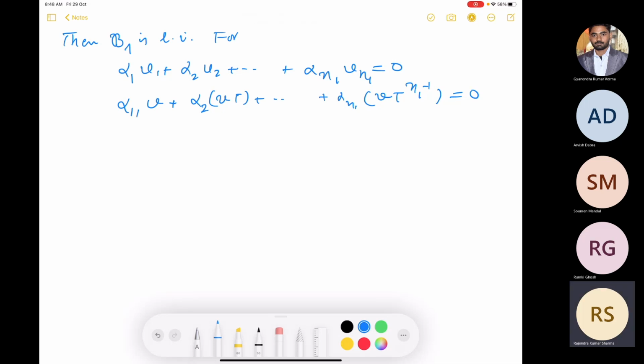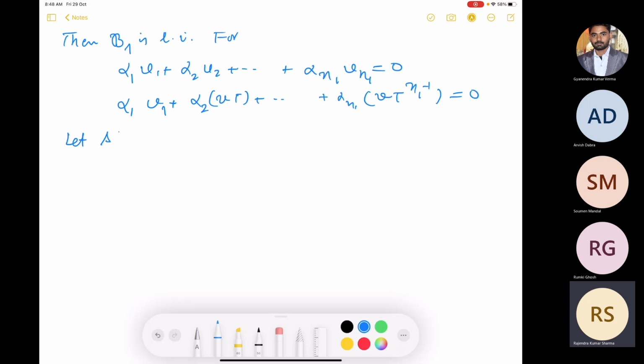All right, so this is the case. Now let us take S to be the least index, so that alpha s is not 0.